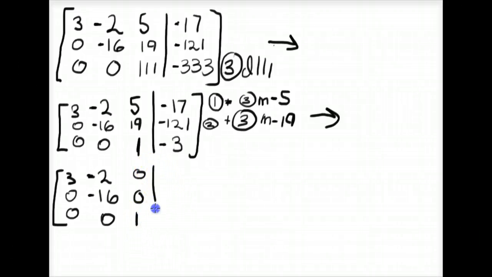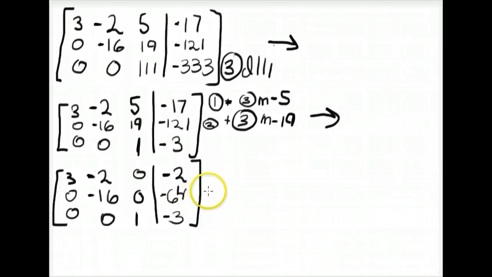And then this is going to be -2, -64, and -3. So now we can solve for y because we have -16y equals -64. So we can just take row 2 and divide it by -16, and we'll be solving for y.